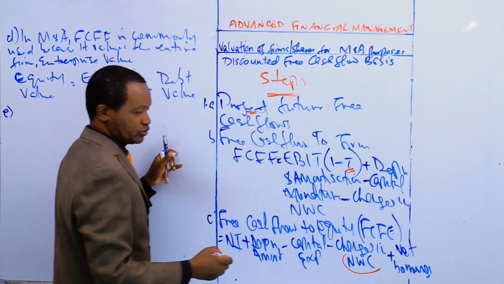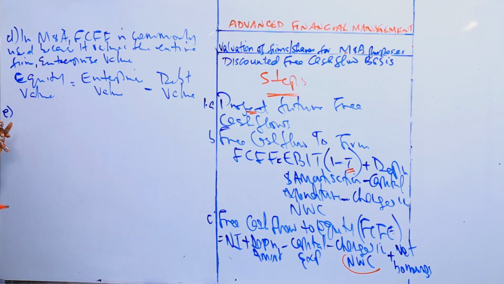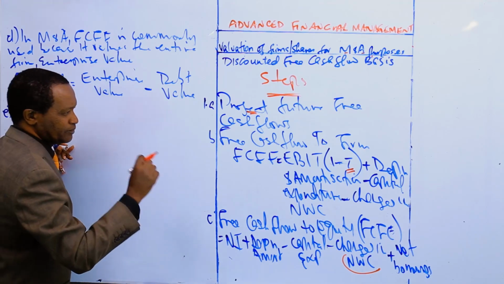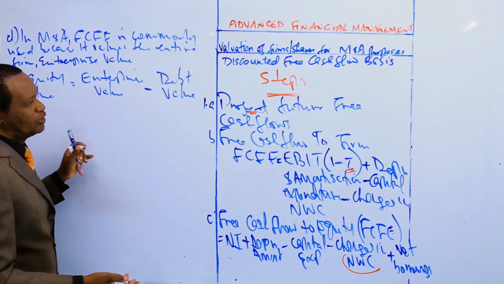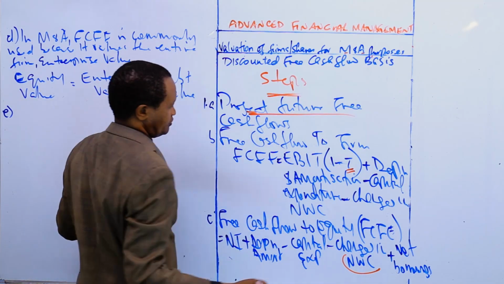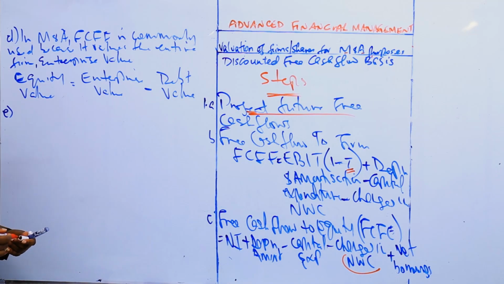You have to make projections, and these projections require assumptions. These assumptions are often based on historical performance, industry trends, management focus, and potential synergies from the acquisition. So that's the first step: project future cash flows.